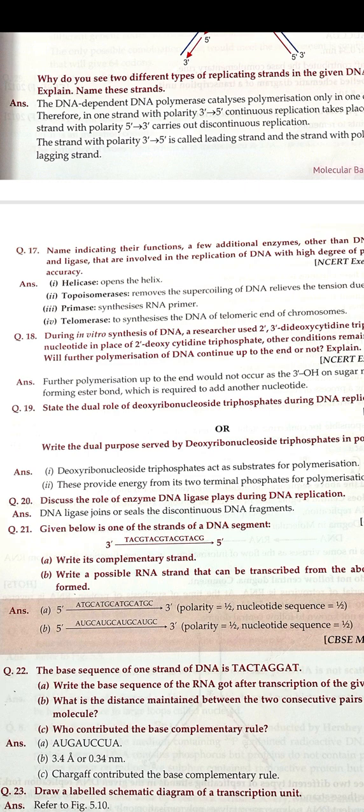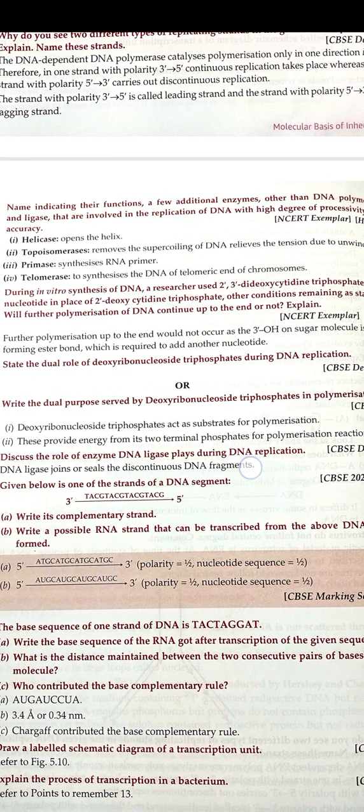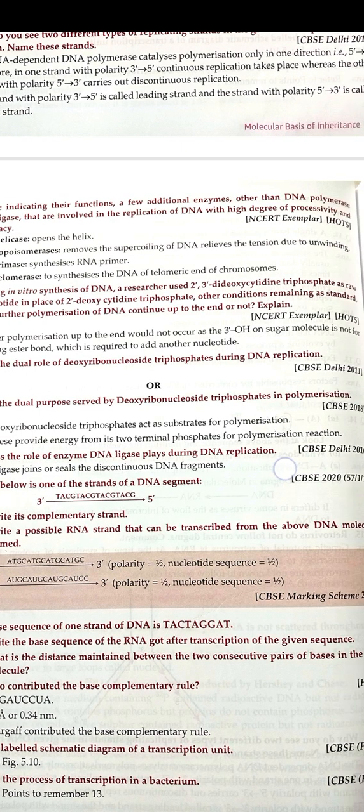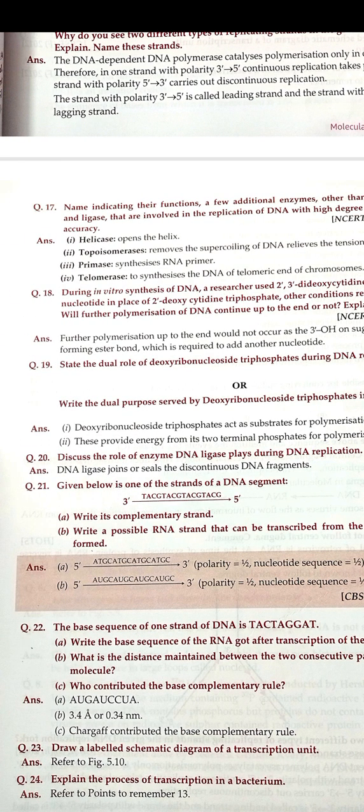Now, next question number 18. During in vitro synthesis of DNA, a researcher used 2',3'-dideoxycytidine triphosphate as raw nucleotide in place of 2'-deoxycytidine triphosphate.